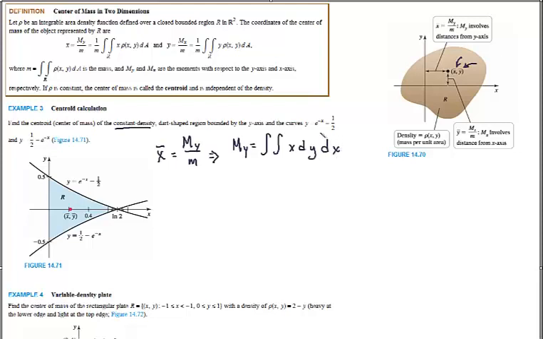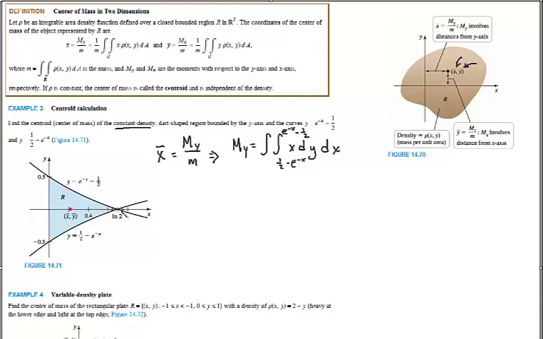That'll make it easier because my curves are given in terms of y equals. So I'll write down the top one, which is e to the minus x minus 1/2. The lower limit is 1/2 minus e to the minus x. To get what x is varying from, I need to know where these two functions intersect.